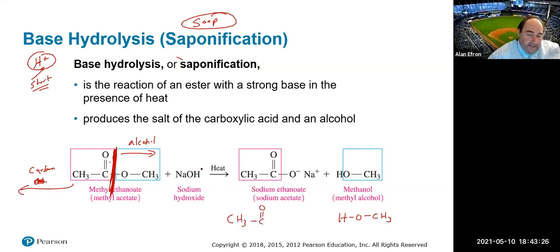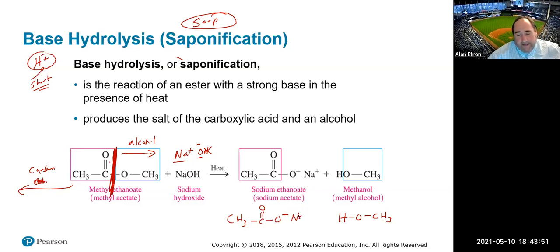If you want to keep track of it, we have an Na plus, an O, and an H. We use the H, we have an O left, and the oxygen becomes negative with the Na plus. We get the oxygen back, but we're missing that extra hydrogen to make it a completed carboxylic acid.